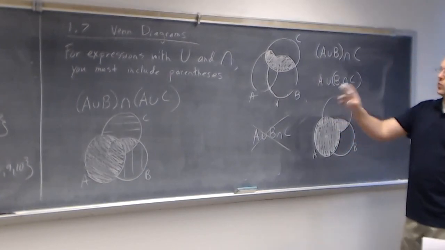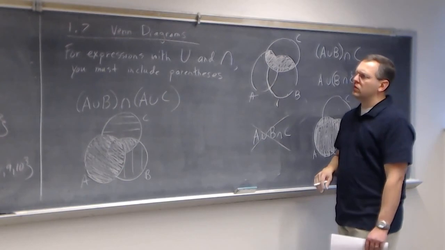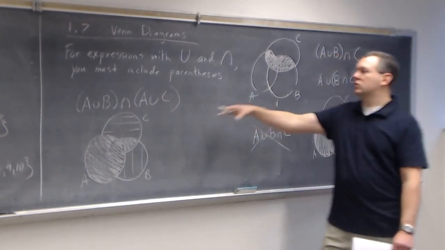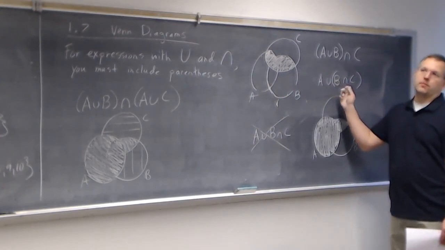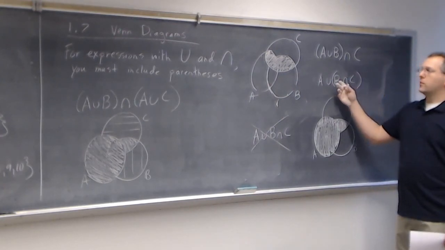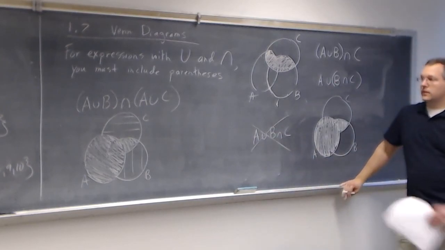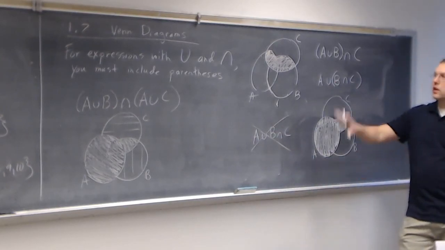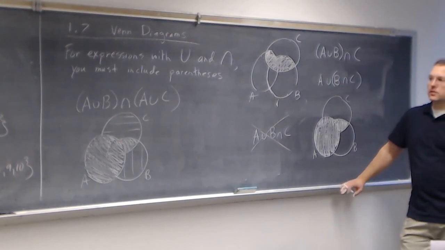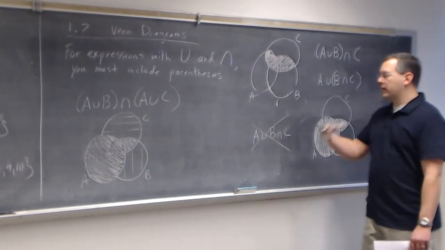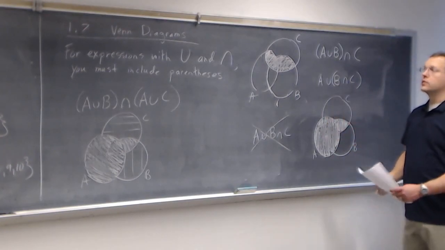So when we think about how we're going to prove that two sets are equal, we'll take an arbitrary element of this set and show that it also is in this set, and take an arbitrary element of this set and show that it's also in that set. So you see, we're using this set theory to give us fodder for writing our proofs. Okay.